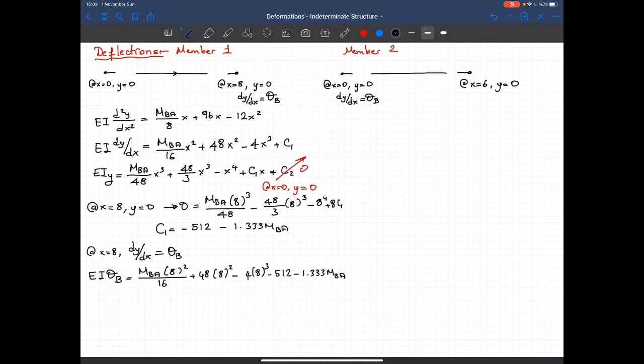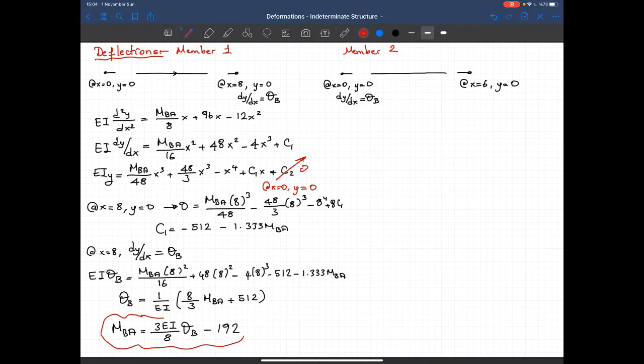And when you simplify that equation, at the end of the day we get the rotation B as equal to 1 over EI times 8 over 3 M_BA plus 512, or I can write the following: the moment M_BA is equal to 3EI over 8 theta B minus 192. So I obtained the relationship between the end moment and the end rotation for the first member.